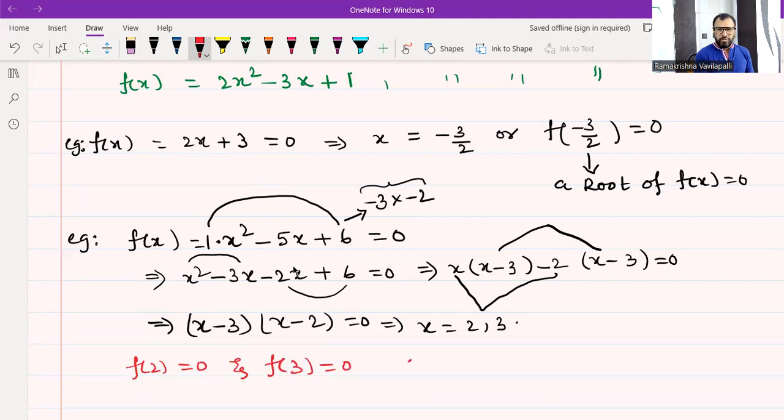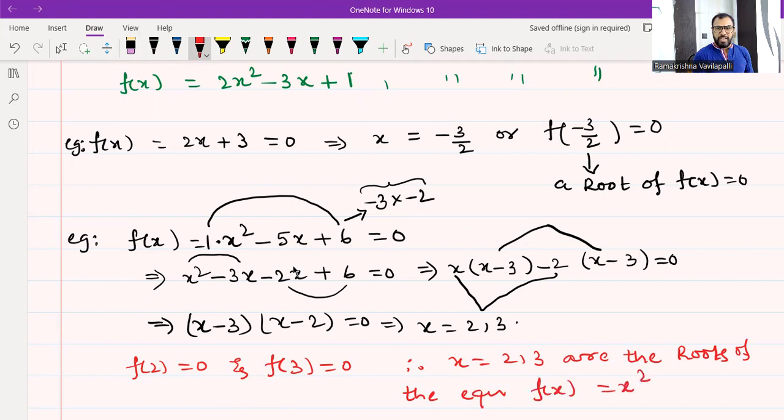Therefore, x equal to 2, 3 are the roots of the equation f of x equal to x squared minus 5x plus 6.